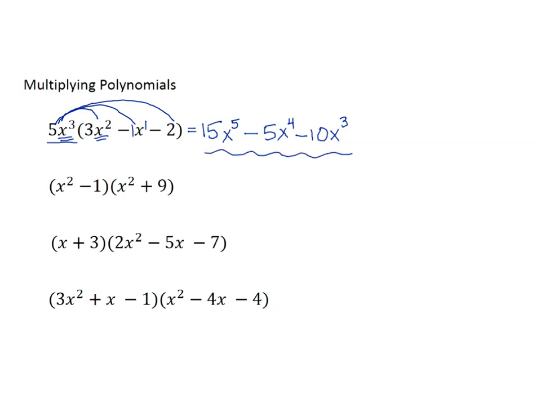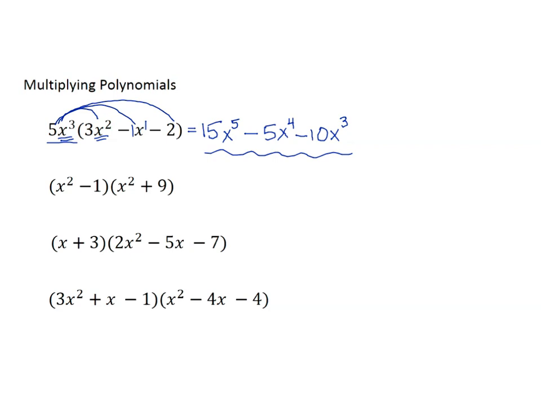All right, let's look at the next one. For the second example here, I've got a binomial times a binomial. So I don't just have one term that I have to distribute, I've got 2 terms that I've got to distribute. And you can use the FOIL process. But what the FOIL process is really helping you do is just make sure that you distribute both of the terms.